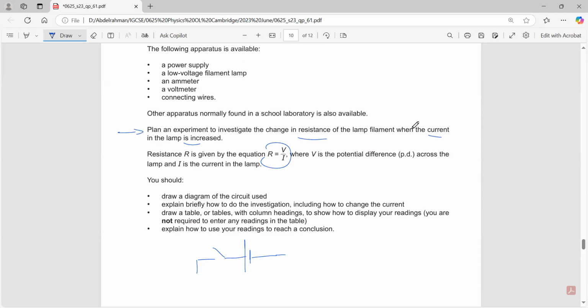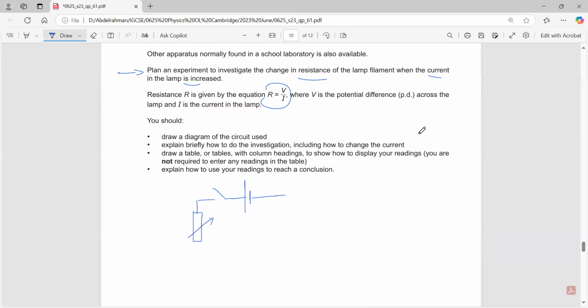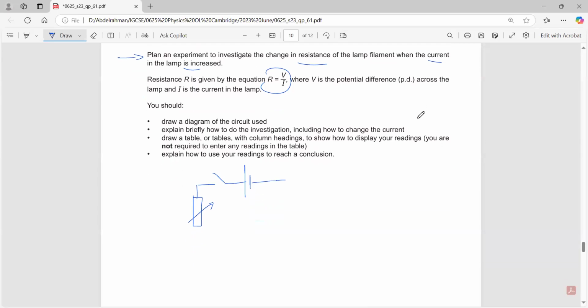Why? What is the function of a variable resistor? To control the current. A variable resistor changes the resistance, but its function is to control the current. So you have to add a variable resistor.